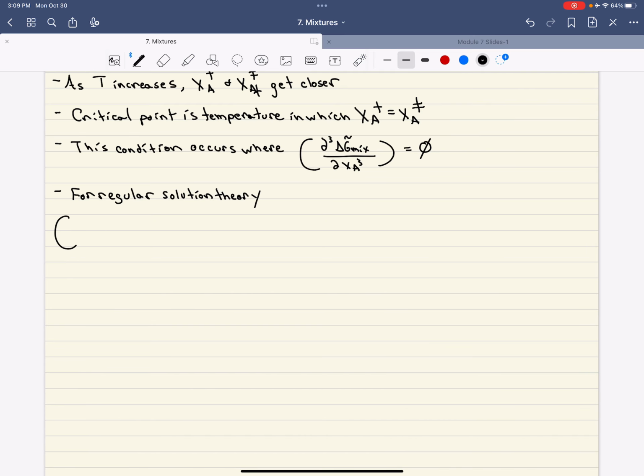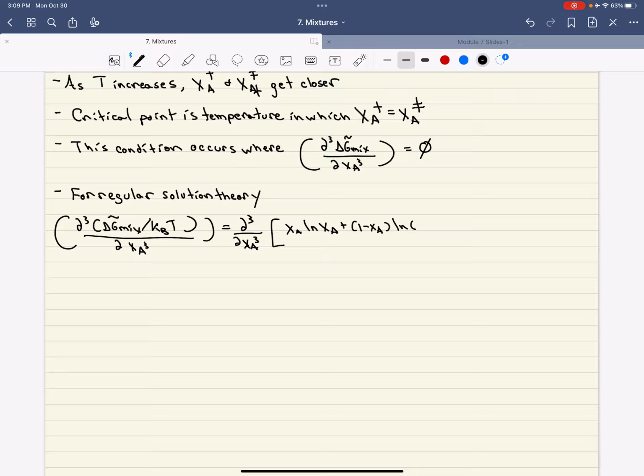For the regular solution theory, we have the third derivative of our delta G mixing, once again divided by kBT. So we have the third derivative of XA ln XA plus (1 minus XA) ln(1 minus XA) plus XA (1 minus XA) chi AB.